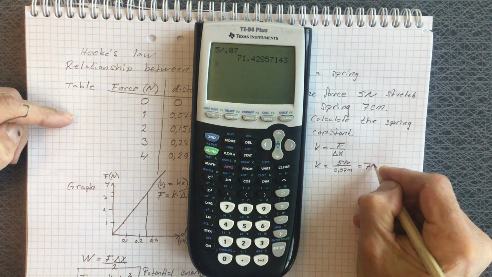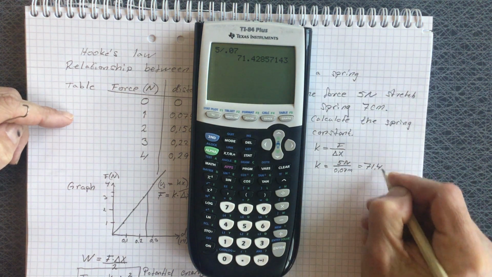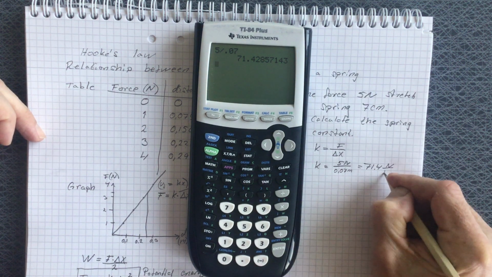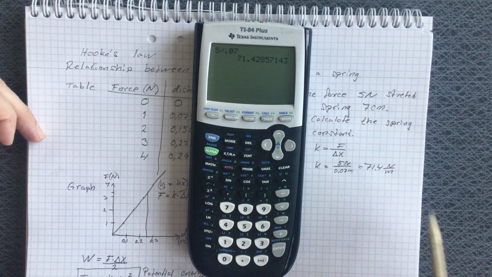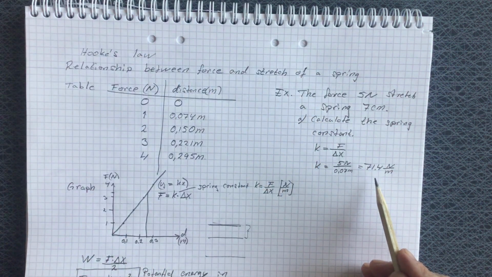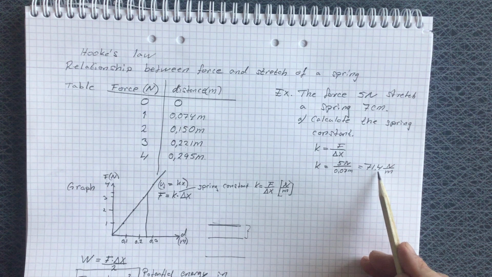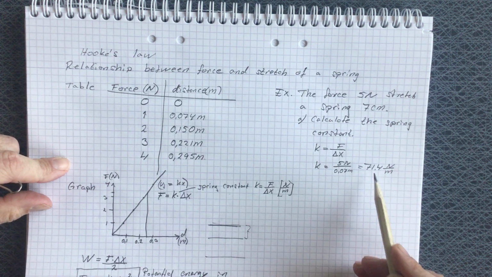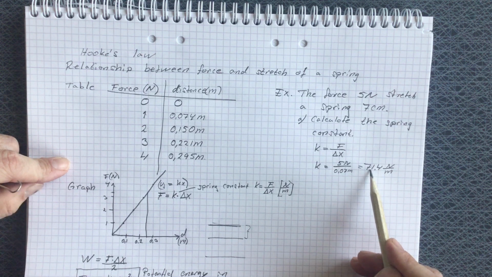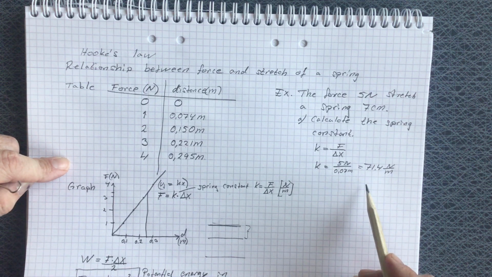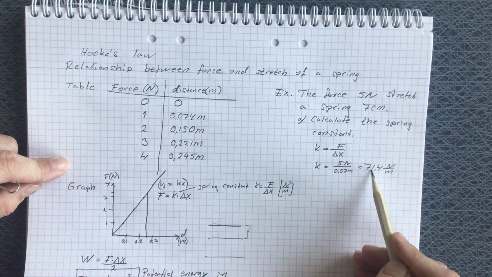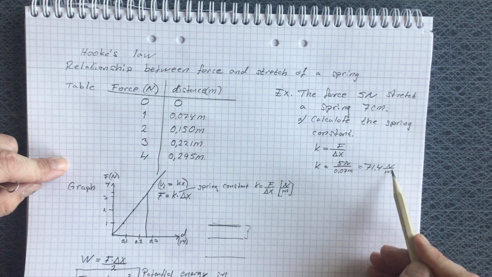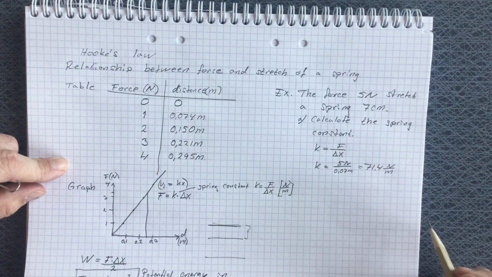That is 71.4 with 3 significant figures, Newton per meter. That means that if you want to stretch this spring 1 meter, you need to use a force that's 71.4 Newton. 71.4 Newton for every meter.